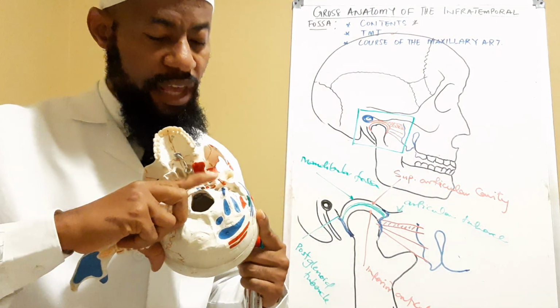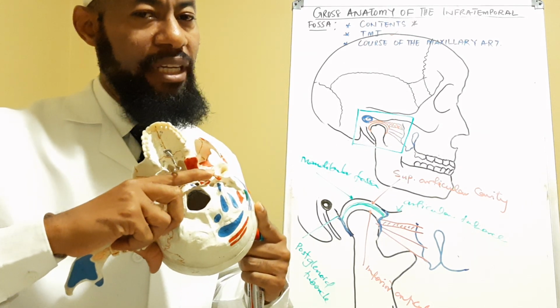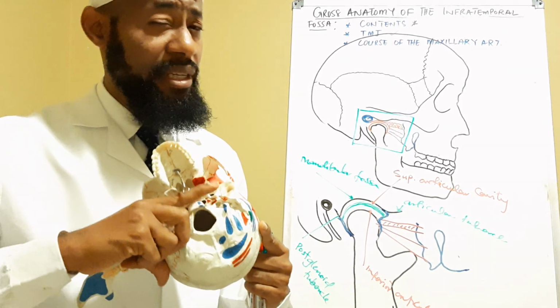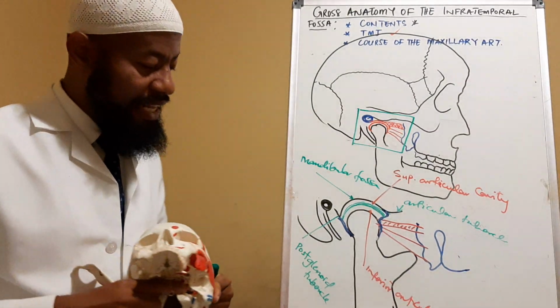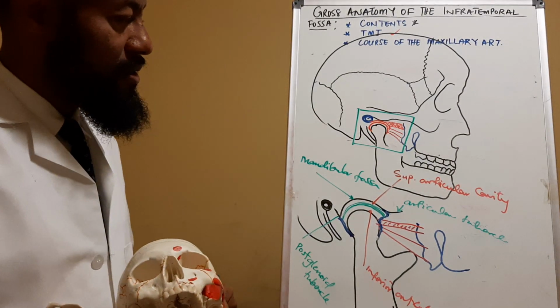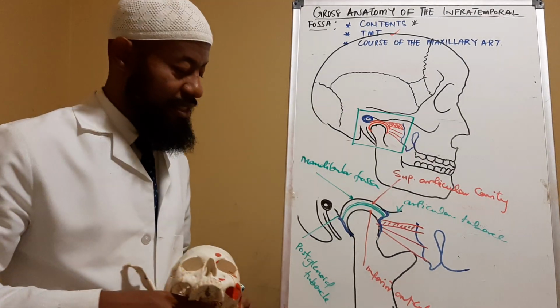And here is the stylomandibular ligament. So there are two important ligaments, but the reinforcement from these ligaments is not as strong as that of the muscle itself in that region.